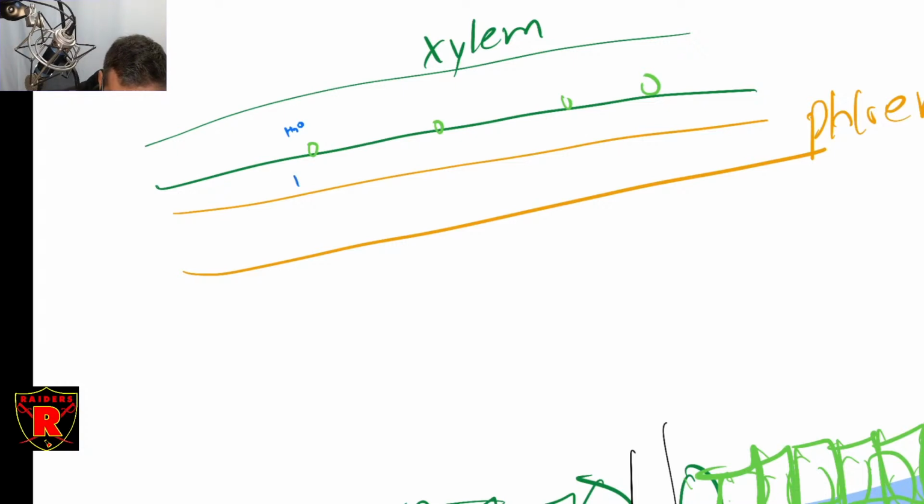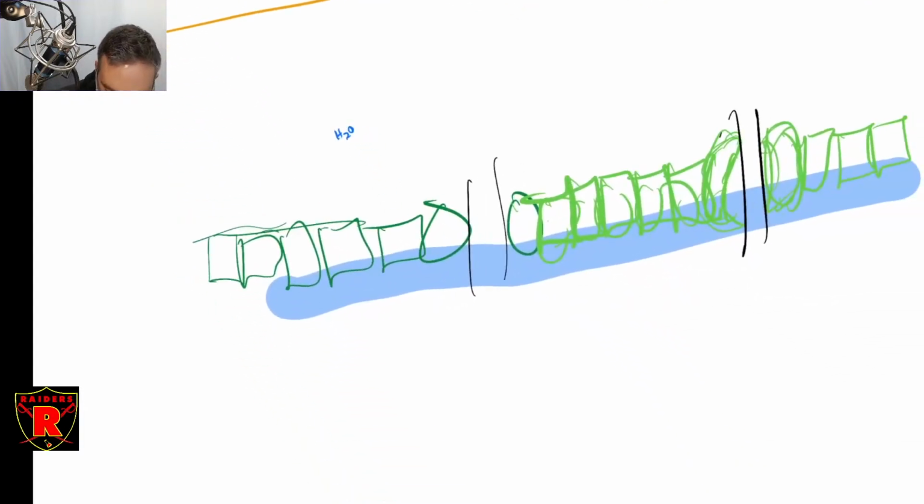As H2O is making its way out here, it's drawing due to the stickiness of water, the molecular stickiness called surface tension. Through surface tension, it's pulling additional H2Os out, and these H2Os are evaporating. They're in a gaseous form here.